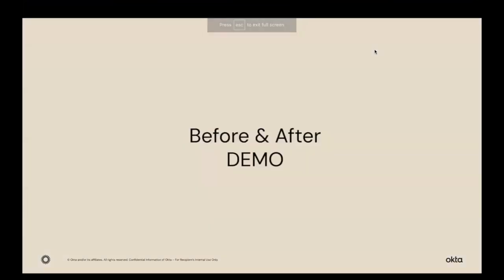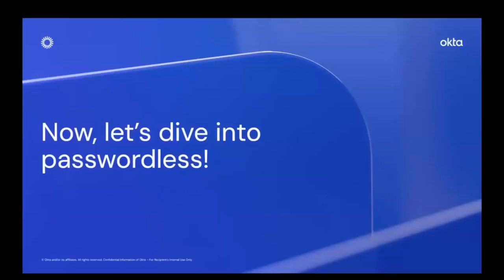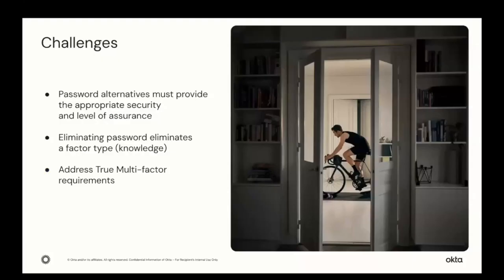Now that we have upgraded our org and looked at the before and after, how do we go passwordless? Let's dive in. So first, you are going to address a few challenges. We must provide an appropriate level of security. As limited as passwords are, a strong password is still a secure option if handled properly.